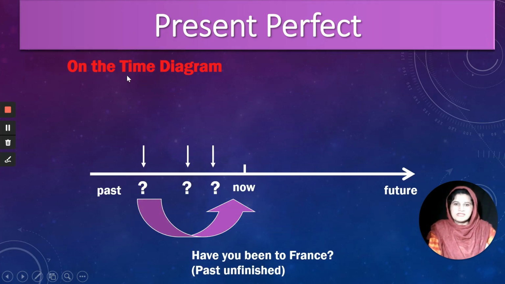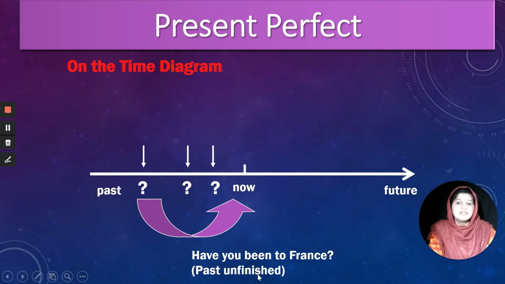Let's move towards another time expression in present perfect, which is related to past unfinished, right? Have you been to France? We are talking about a past activity, right? आप कभी फ्रांस गए, any past activity, and it is still true for the present as well.